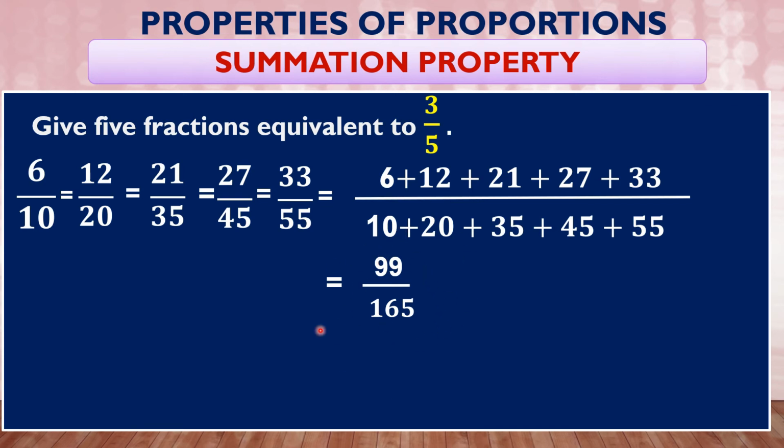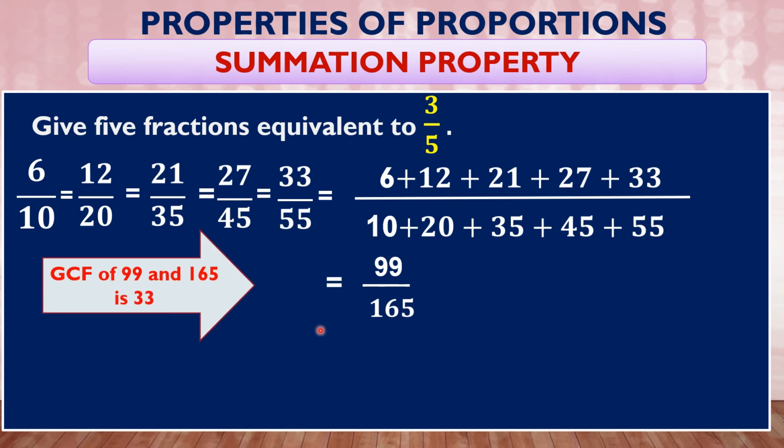So, we have to get their GCF. And the GCF of 99 and 165 is 33. And so, we'll divide 99 and 165 by 33. So, what is the result? The quotient is equal to 3/5.